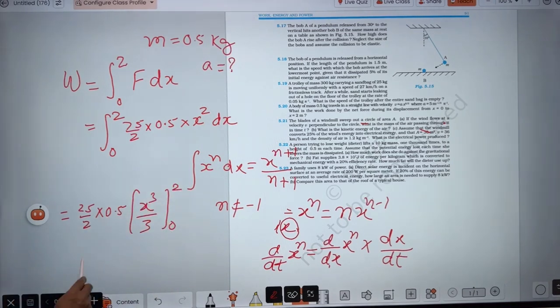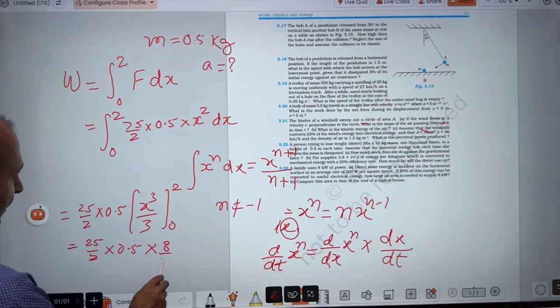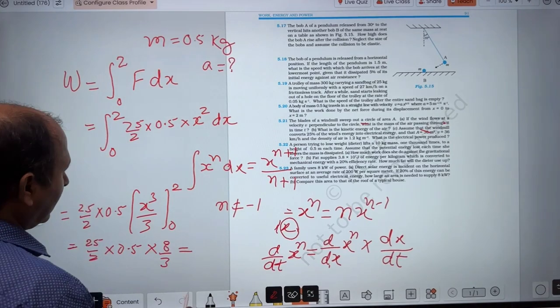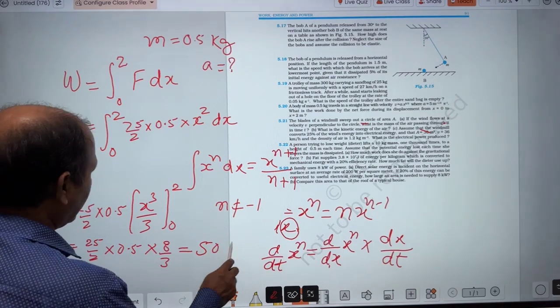So just you have to write 2 here. So 75 by 2 into 0.5 into 2 power 3, that is 8 by 3. Now take 1 minute to evaluate it. It will come around 50 joule.